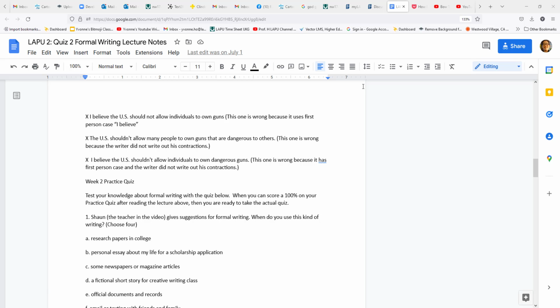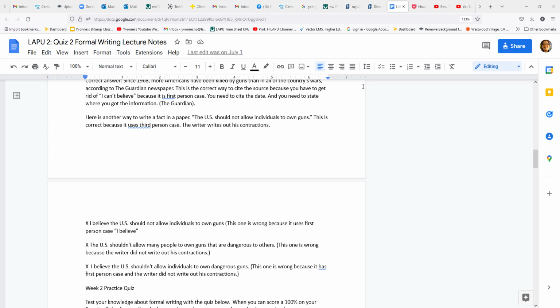"I believe the U.S. shouldn't allow individuals to own dangerous guns." Once again, it's wrong because it has first-person case, they didn't write out their contractions, and they're using adjectives. So the correct answer was the one above: the U.S. should not allow individuals to own guns.